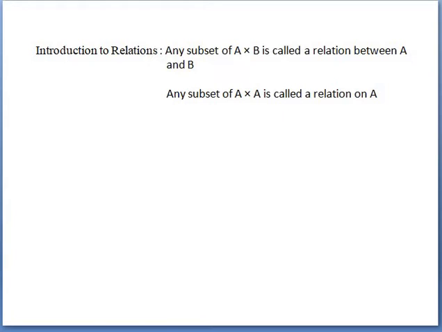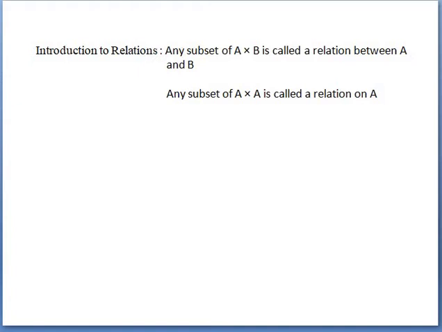Here I have written, any subset of A cross A is called a relation on A. Why? Because for the second example, both the sets are the same set. That's why I have written that a subset of A cross A is called a relation on A, because there is only one set.